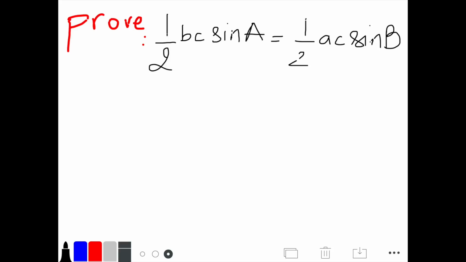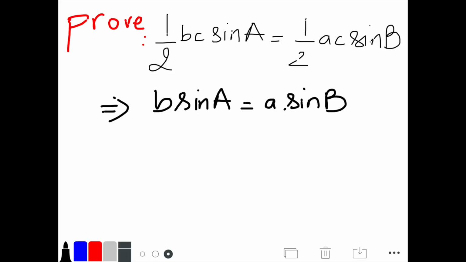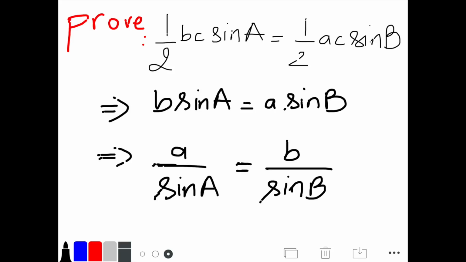Next, we divide these two sides by one half and sine. So we get b sin A equals a sin B, and after all we get this formula: a divided by sin A equals b divided by sin B.